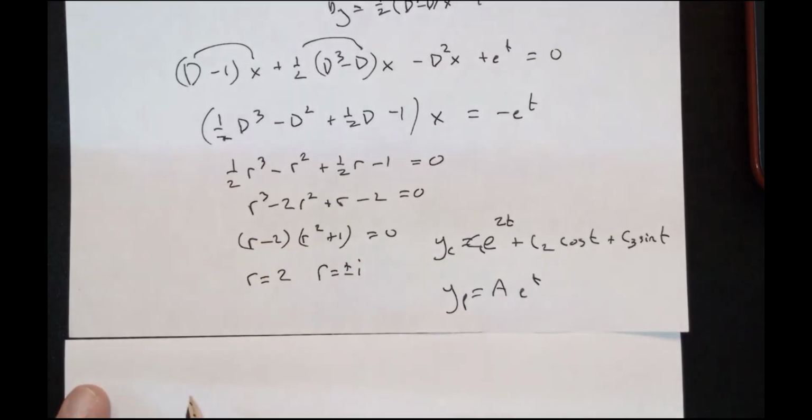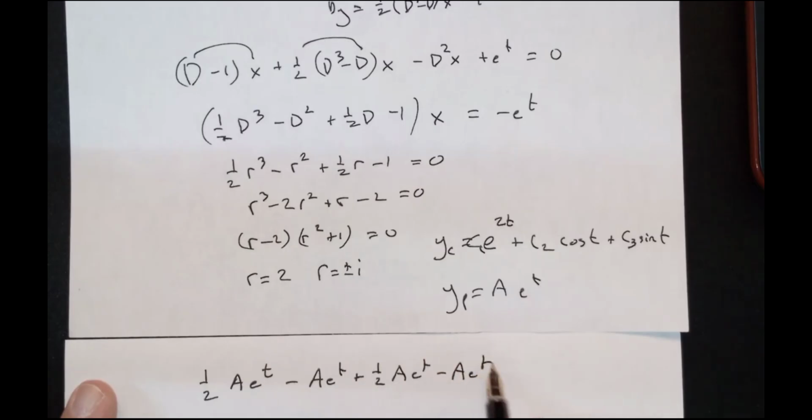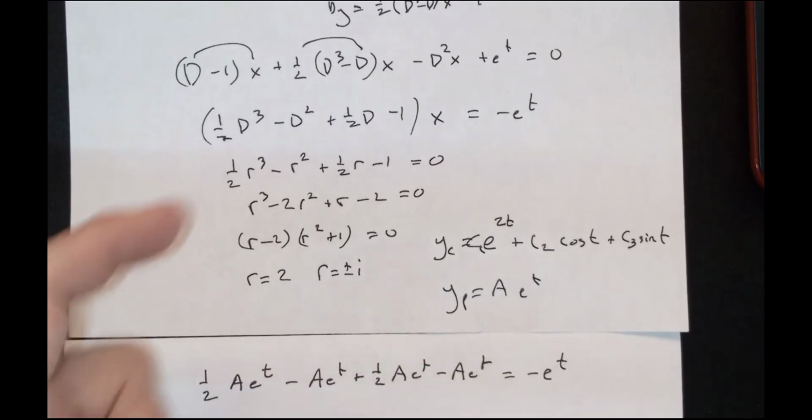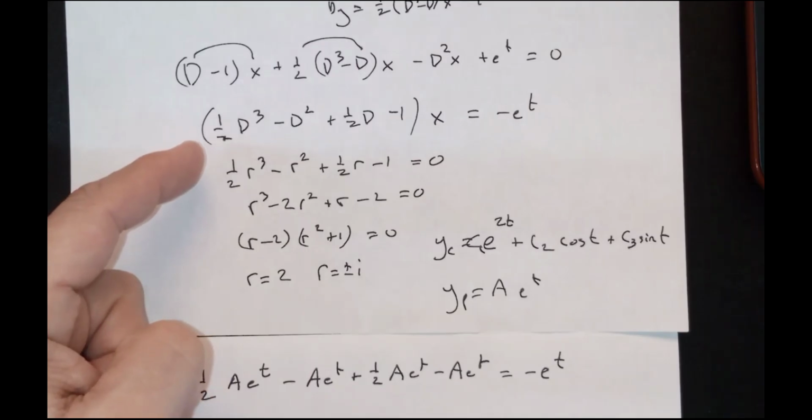So I get 1/2 a e to the t minus a e to the t plus 1/2 a e to the t minus a e to the t equals negative e to the t. I took all the derivatives and put them back in here.